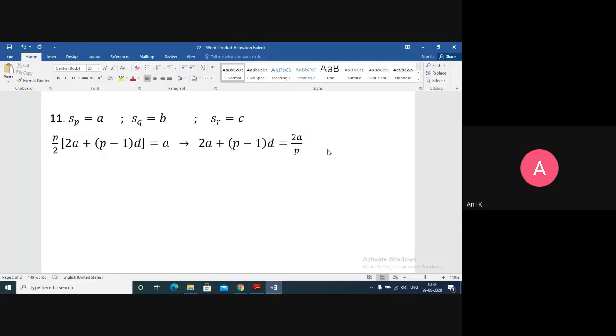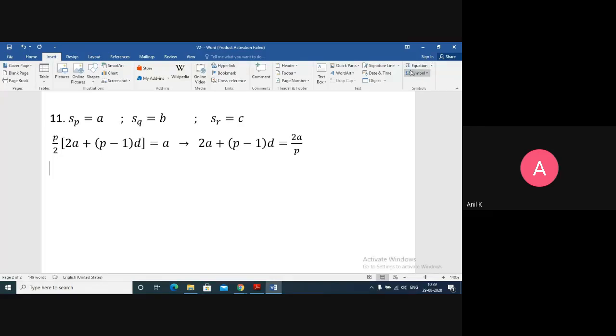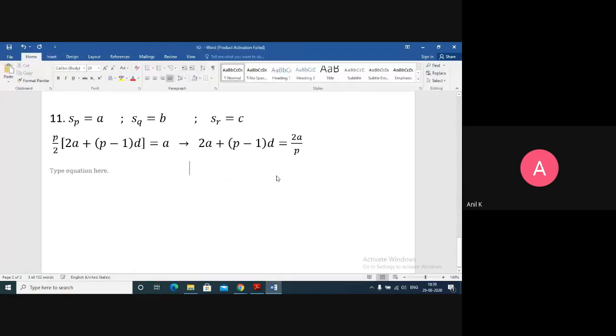Now similarly write the formula for SQ. So if I write the formula for SQ, let's see what we get.